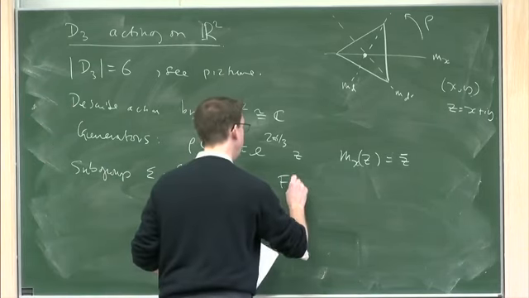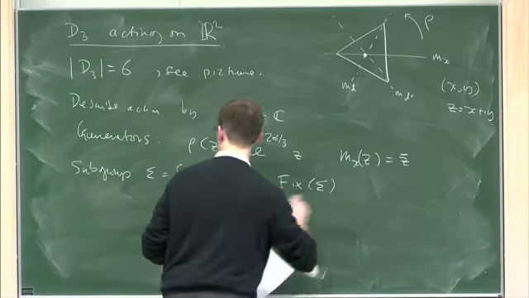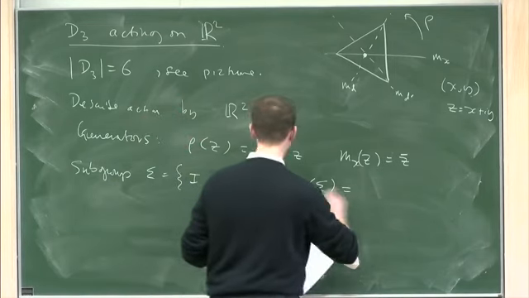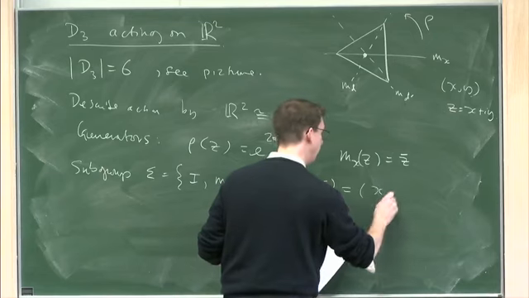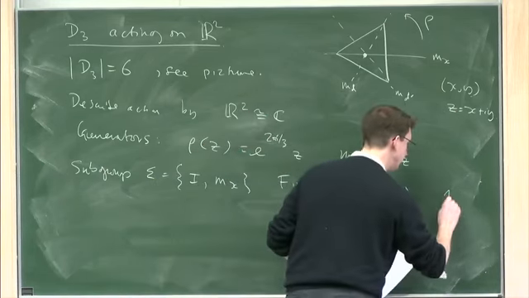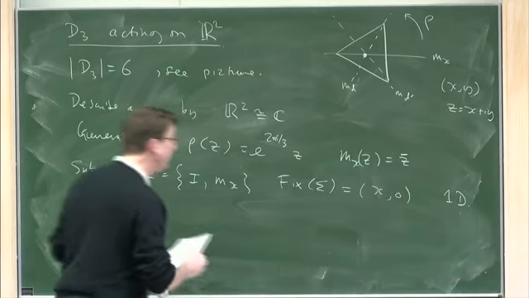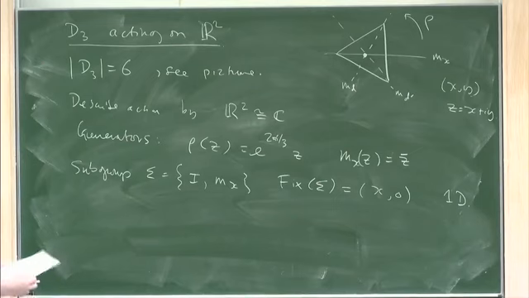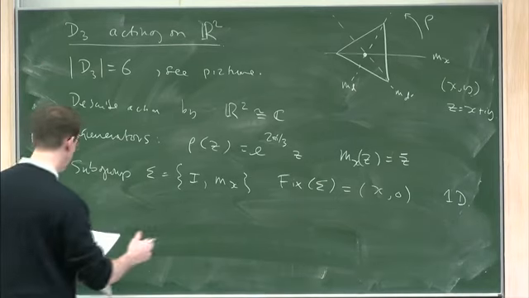Okay, so fix of sigma is the set of points that are real. So this is clearly one-dimensional, and it is the only such up to conjugacy.